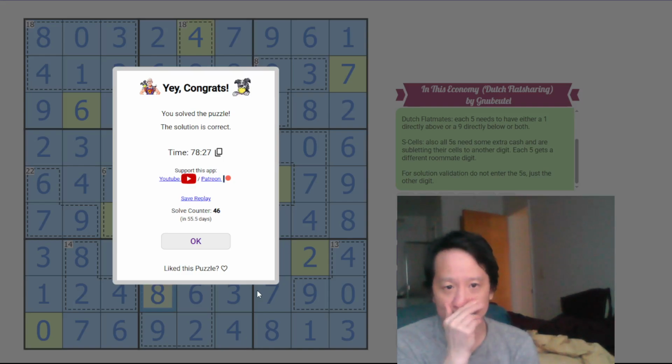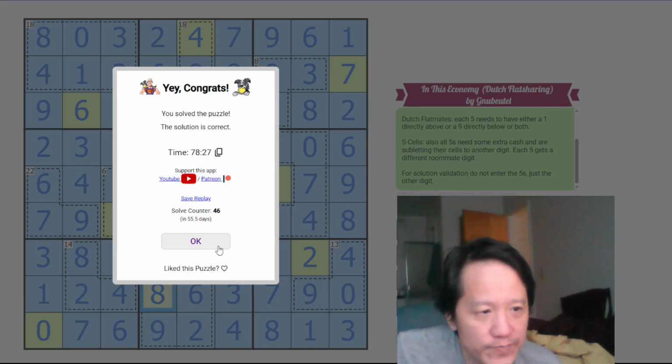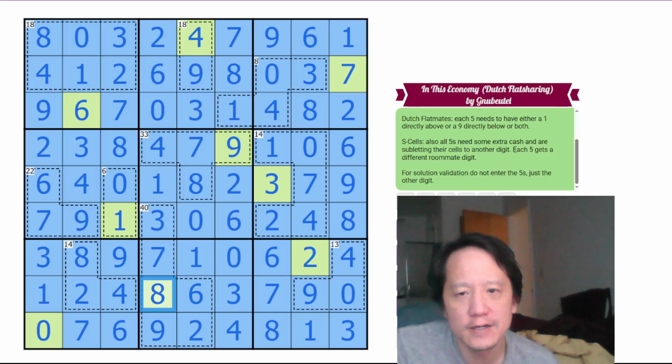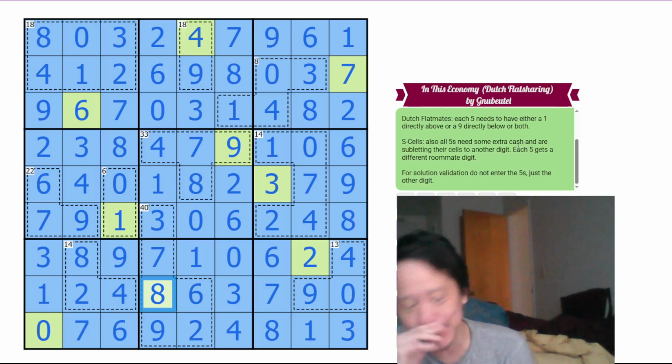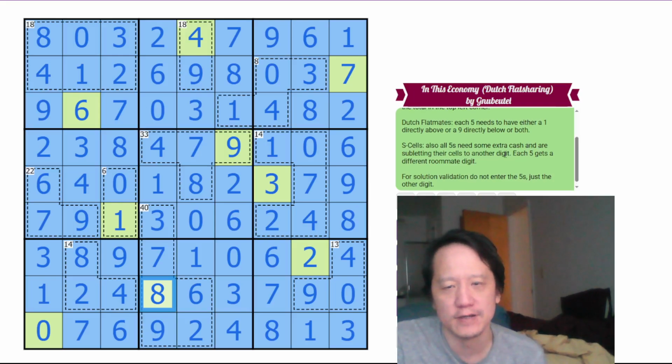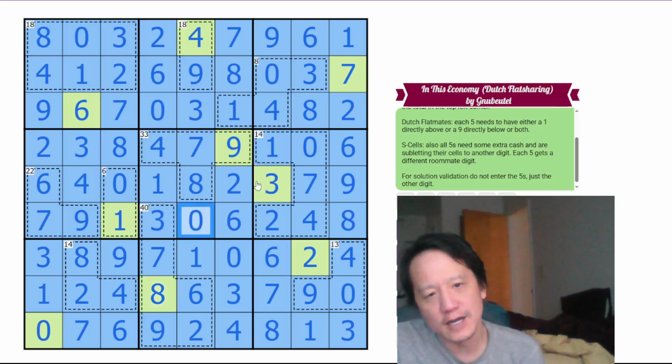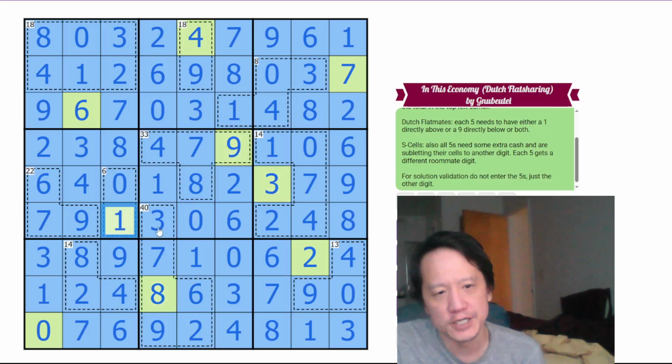And that's how you solve it. Yeah. I wish I'd highlighted this more. Actually, I didn't really understand this sentence until I basically got into it. I don't think there's any other way to differentiate without each 5 getting a different roommate digit.